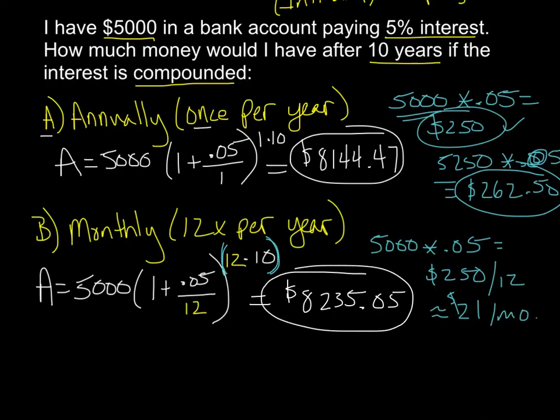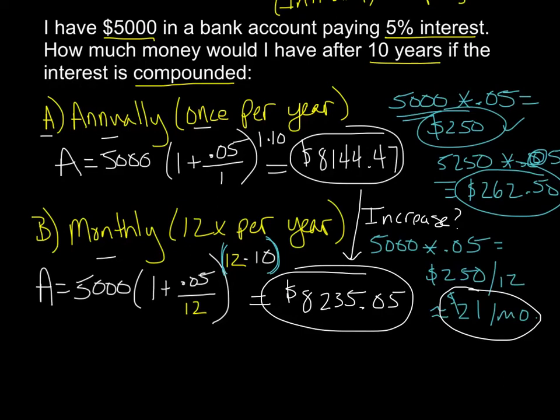Now what I will notice is that from annually to monthly, I have an increase. And that's an interesting thing. You know, if I'm still paying you 5% interest, why is it that I did a little bit better when I compounded monthly? And the simple reason is this. If I get this $21, I don't wait till the end of the year.